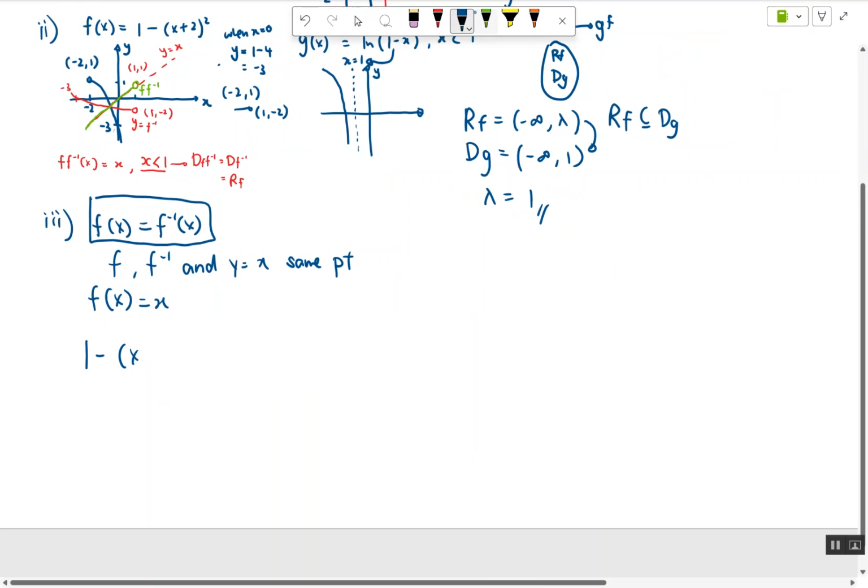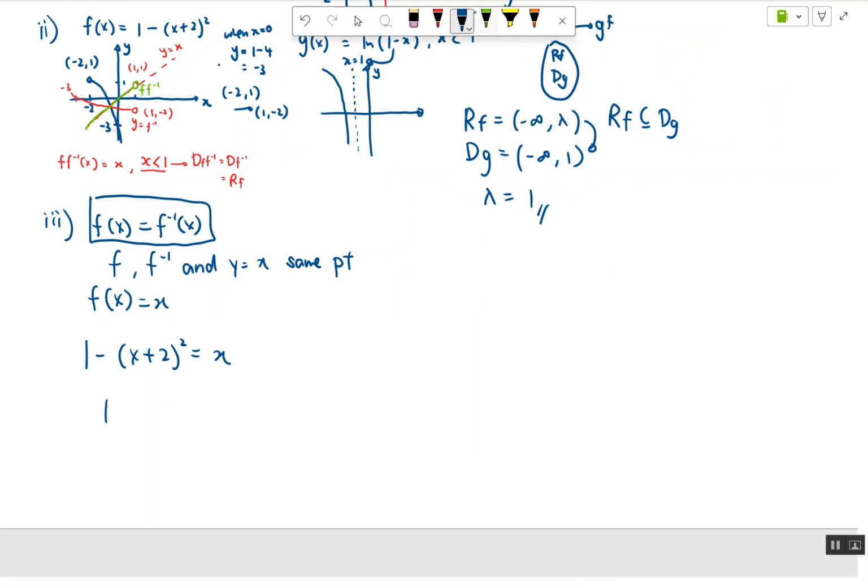1 - (x + 2)^2 = x. Open it up. Sorry, I bring it over first. I like to do with positive numbers. 1 = x + x^2 + 4x + 4. And then you will have a quadratic equation, x^2 + 5x + 3 = 0.